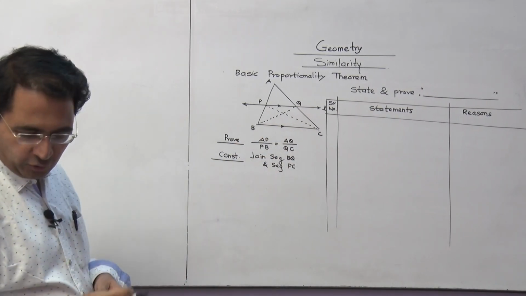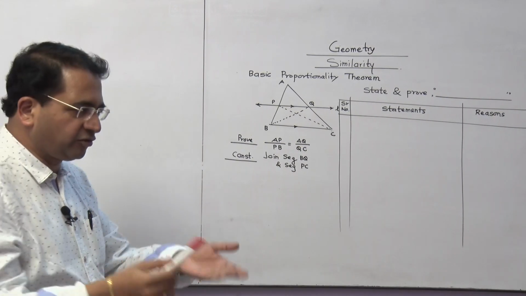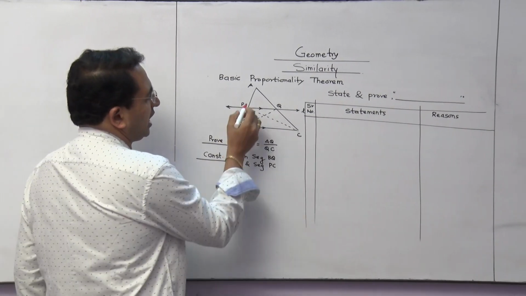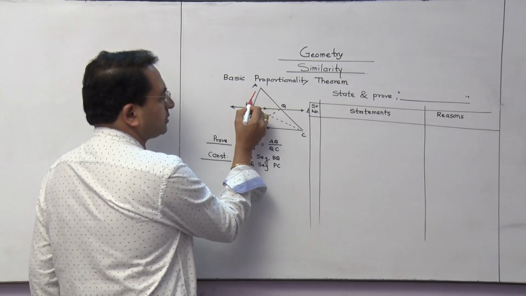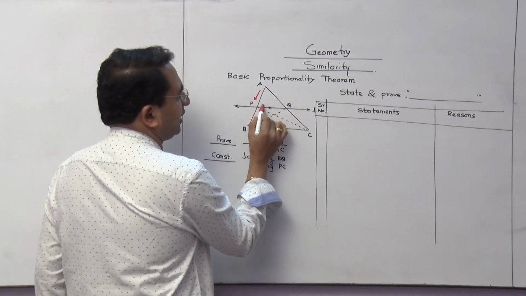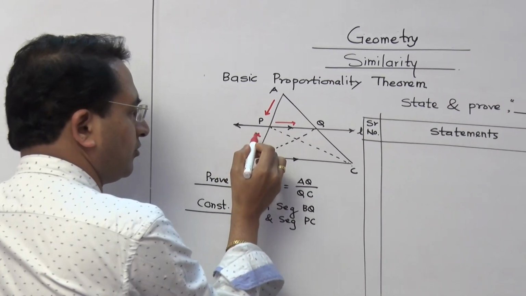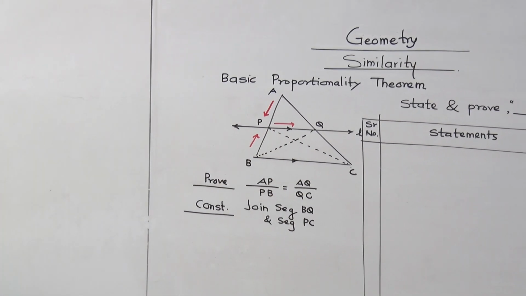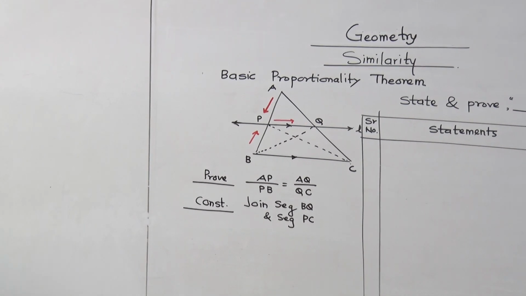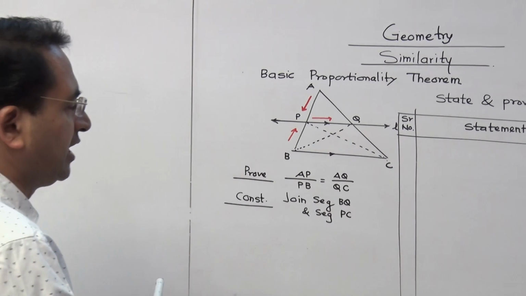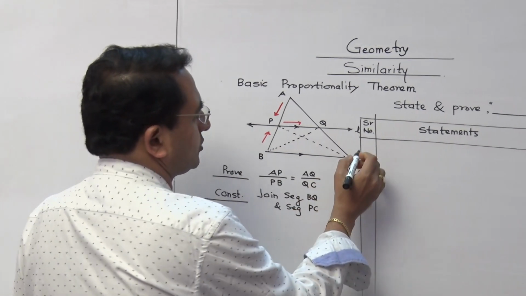Now please focus on this other explanation, which may not be part of your textbook. I am putting an arrow like this and then on this side, here also like this. These arrows will help you understand how to name the triangles.